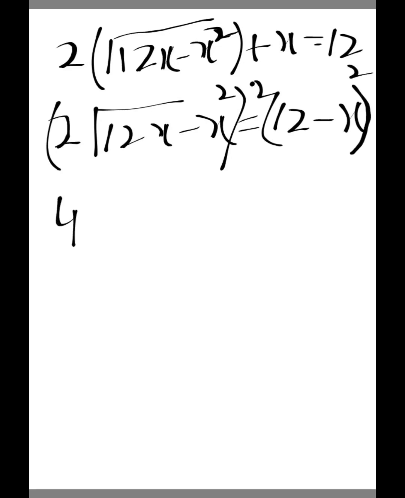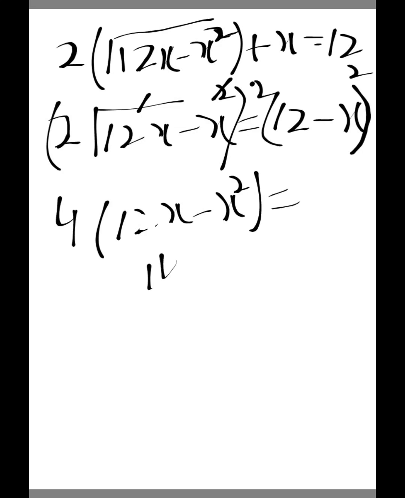It will be 4, 2 square will be 4, the square root and square will be cancelled, and it will be 4 times 12x minus x square is equal to 12 minus x whole square, which is 144 minus 24x plus x square.